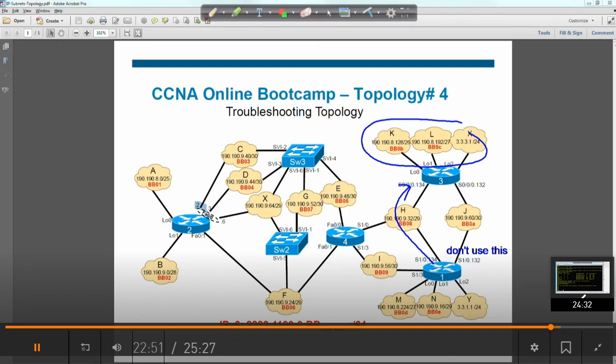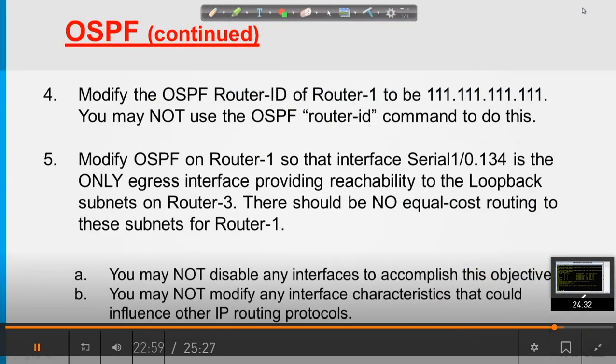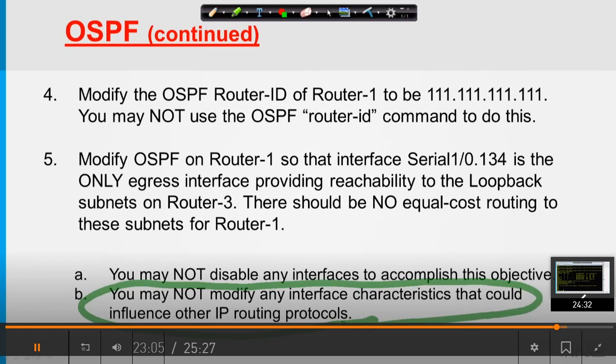The problem with doing that, Asif, is that even though it would accomplish what we're looking for, it would break this rule. Because if we start messing around with bandwidth, that's also possibly going to change EIGRP, quality of service, and other things that refer to the bandwidth of an interface as well. And we were told we're not supposed to change anything that might influence other protocols.